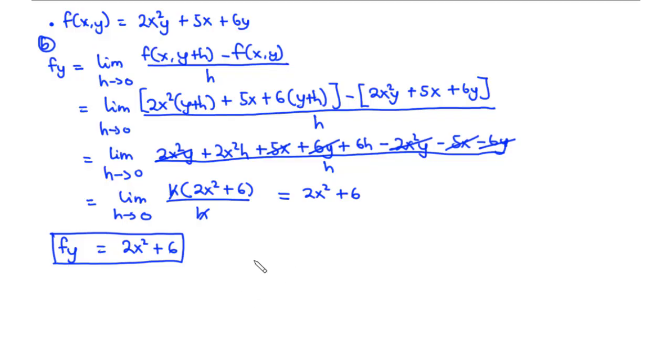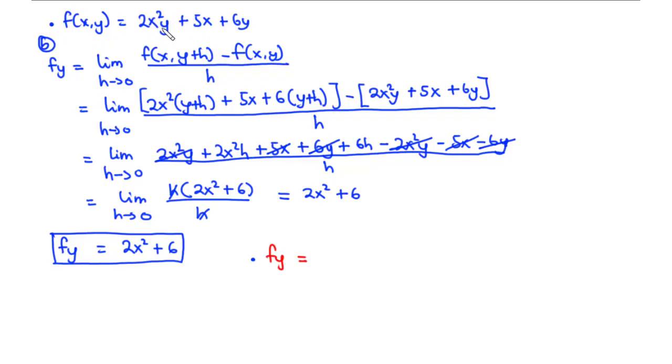Now, using an alternative method, let's try to find fy. So fy is equal to, here we want to find the partial derivative of this function with respect to y, which means that we are going to keep x as constant. Now for 2x squared y, we are going to focus on y.